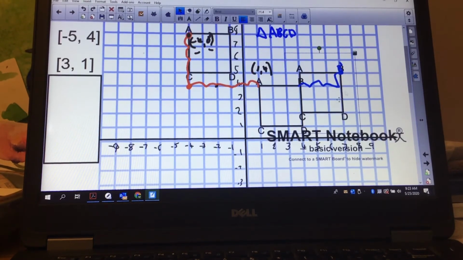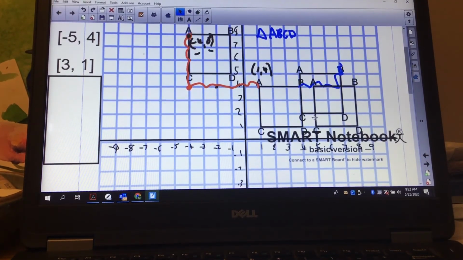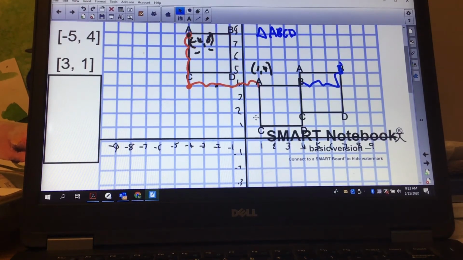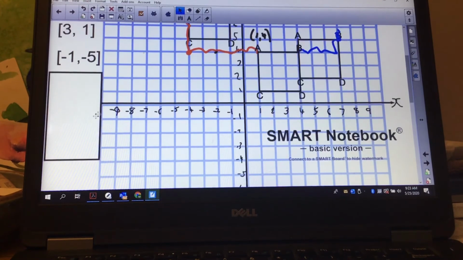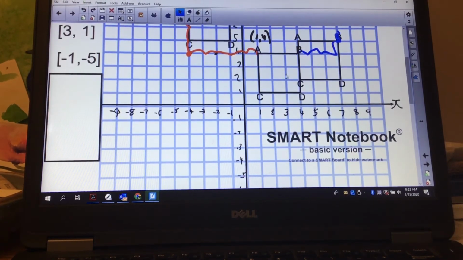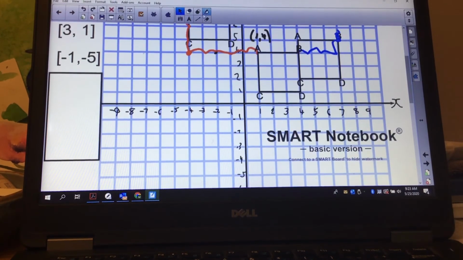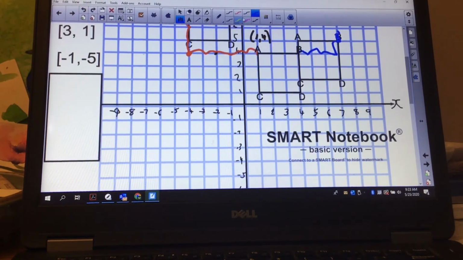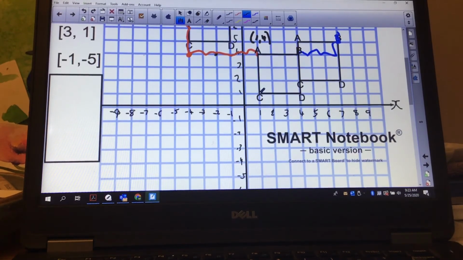Okay, so we're just moving. Translation is just moving. And we'll do one last one. I think this one's maybe a little bit more challenging. -1, -5. So you notice I'm moving left and I'm moving down. So if I move left and down, C is going to be my easiest one to move.